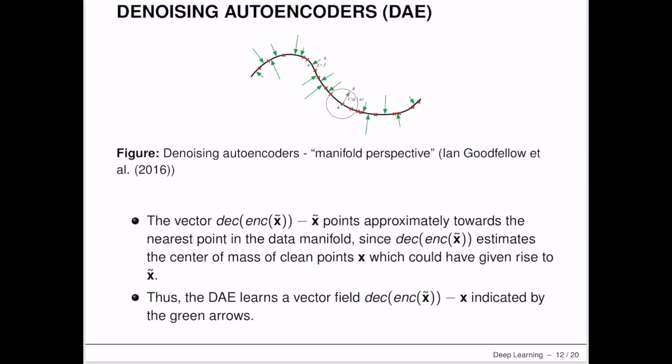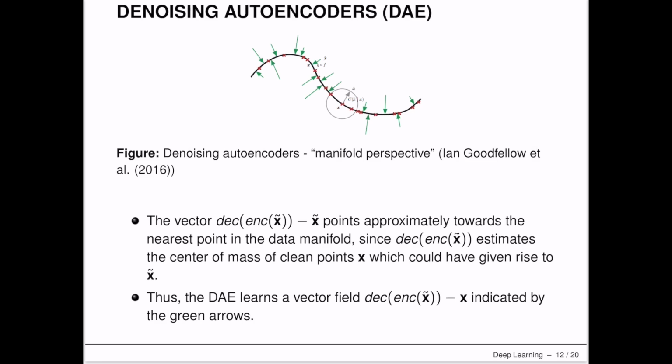Given the corrupted data, we estimate the most probable point where the corrupted x was produced from. So this would correspond to the center of the Gaussian distribution of our corruption distribution.